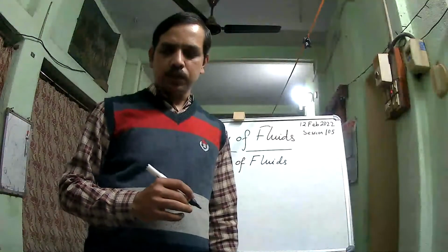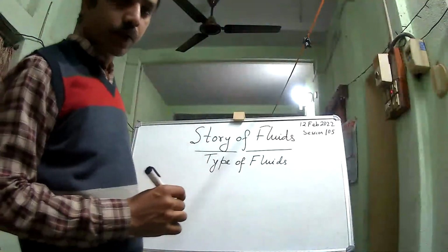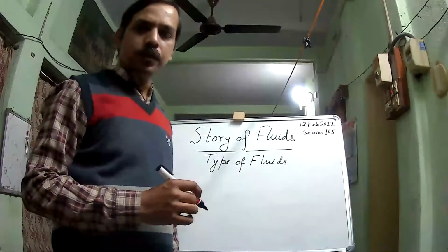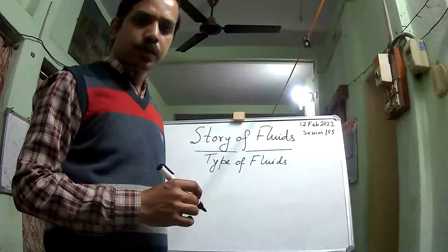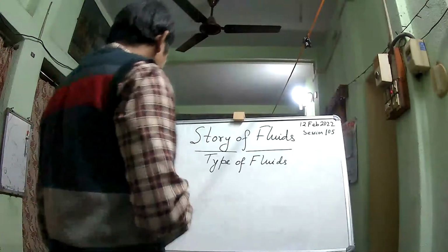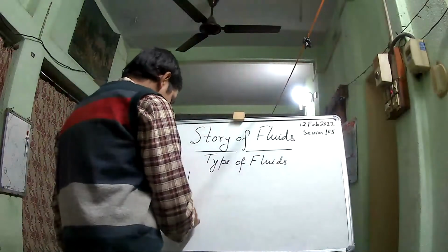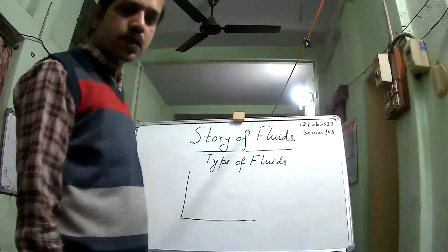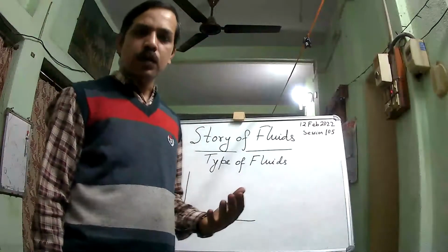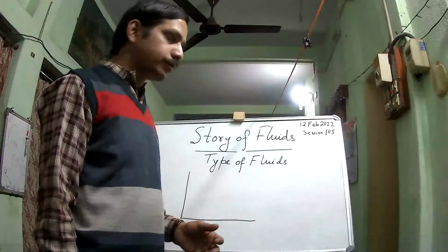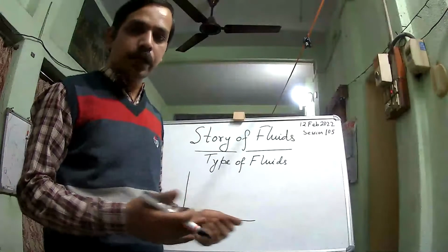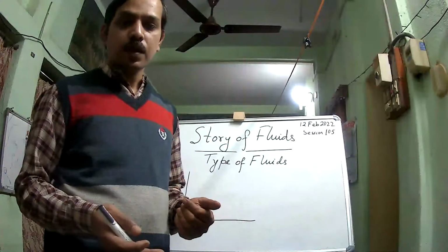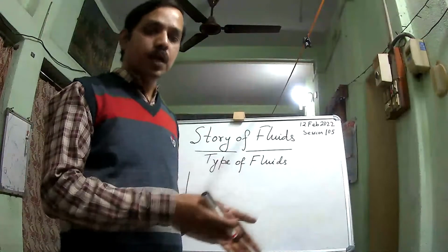We actually talked about the types of fluids in the second class. That is, we have different fluids and their properties. So let us go back to that and understand more deeply how these different types of fluids are categorized, like something liquid, something gas, something maybe plasma.